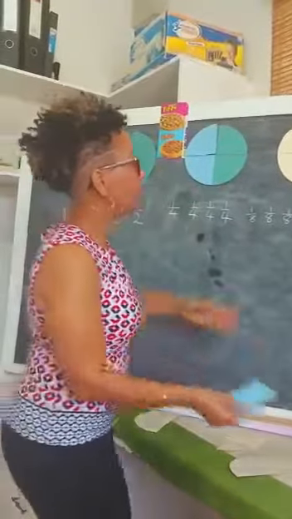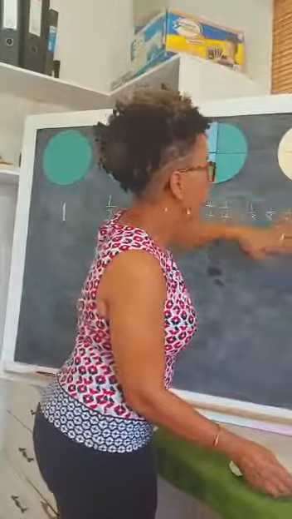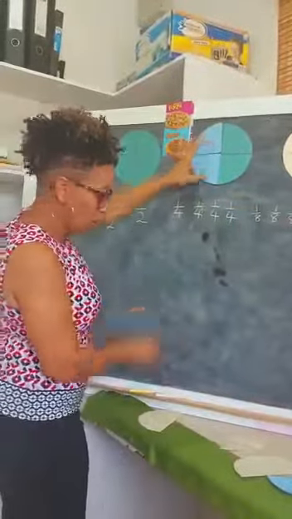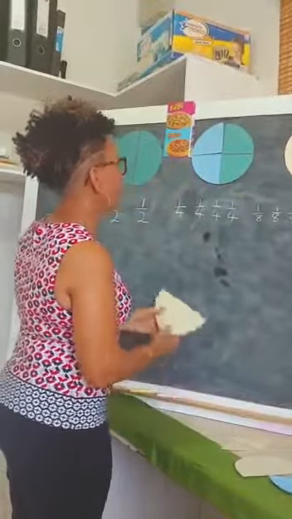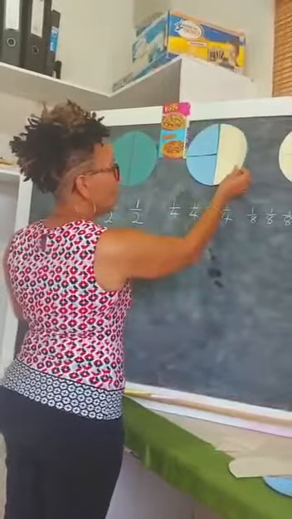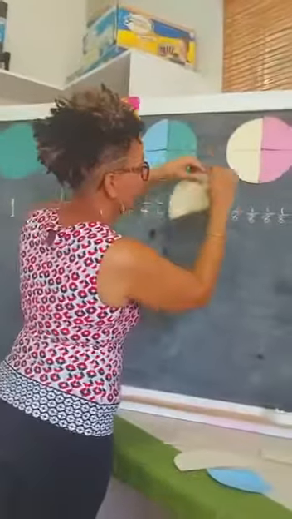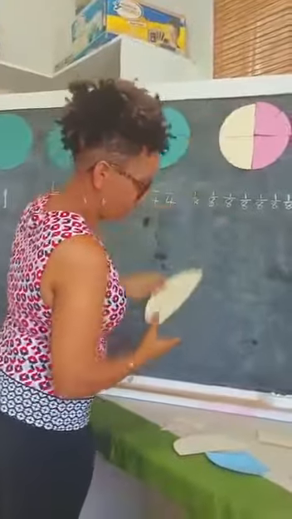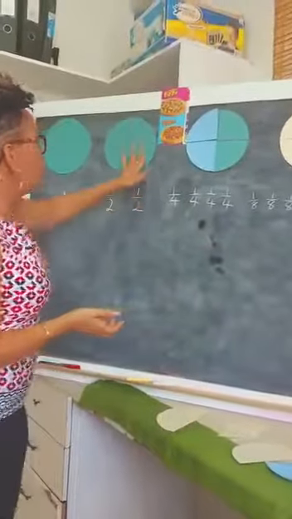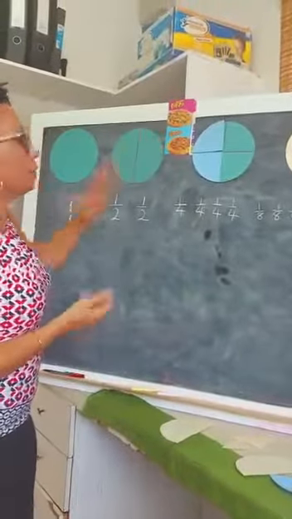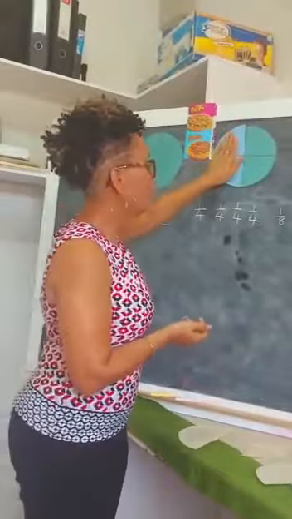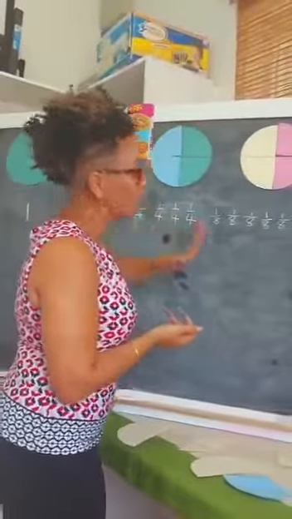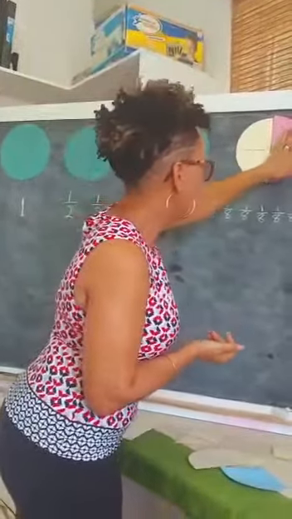So if Sally eats 4/8 here, it's the same as 2/4, and it's also the same as 1/2. So 1/2 is the same as 2/4, which is also the same as 4/8.